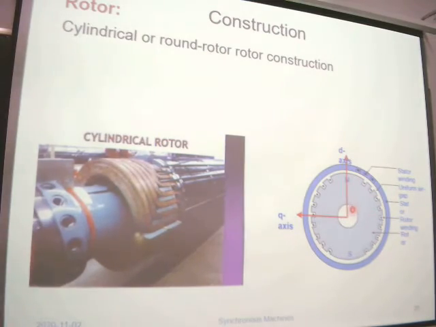So the cylindrical rotor is usually used in high velocity steam turbines. The length of the rotor is long, and the radius of the rotor is small.